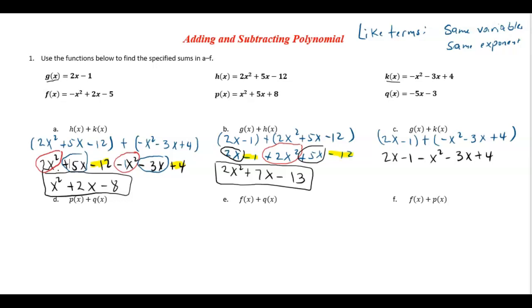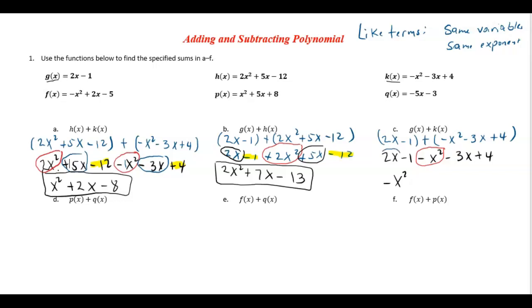Okay, so I have it down without the parentheses. Now let's go ahead and combine like terms. We start with the highest one, the negative x squared. Is there any other x squared here? When I look around, that's the only term with x squared. So I'm going to put down negative x squared. Then I'm going to check the x terms.